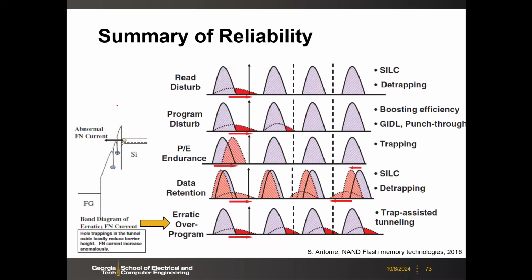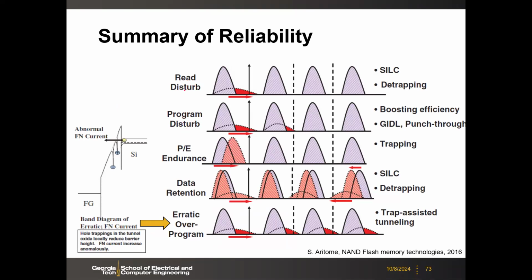So here is a summary of the distribution of the VTH states due to different reliability challenges. Just a quick summary. Read disturb, program disturb. Of course, program disturb will be more severe than read disturb because the programming voltage is still much higher than the read voltage.